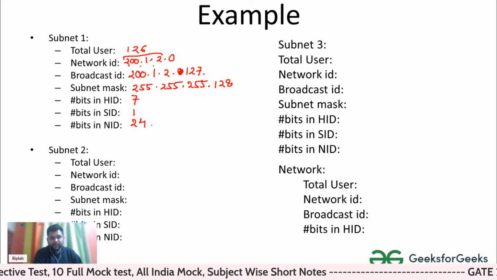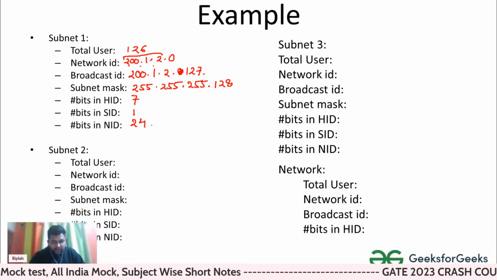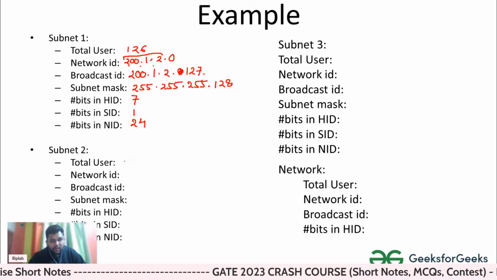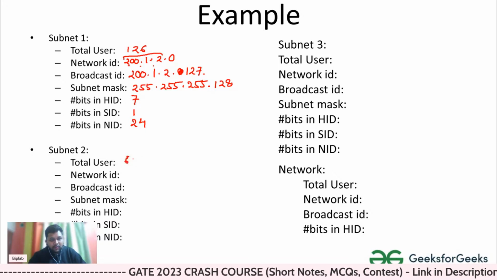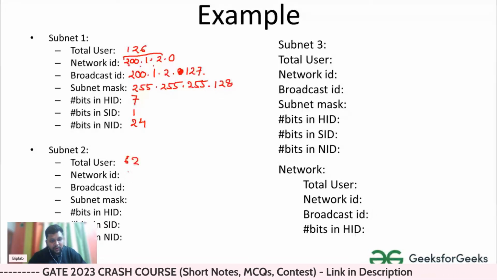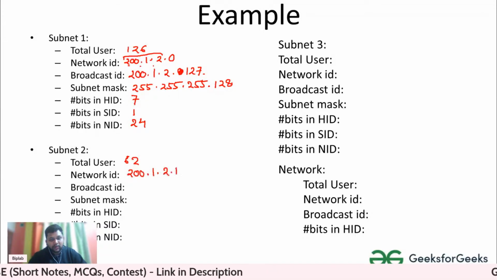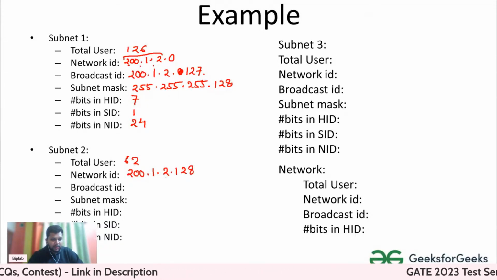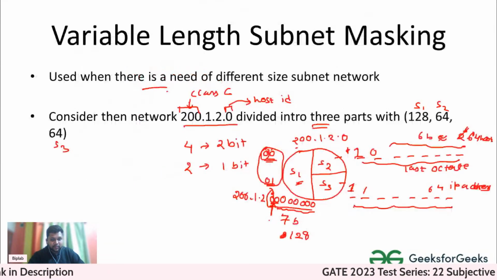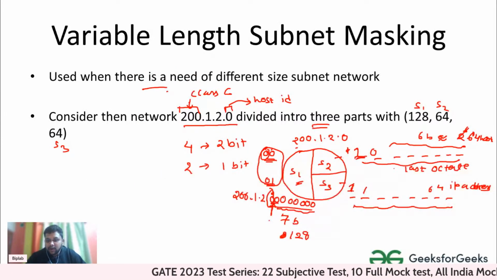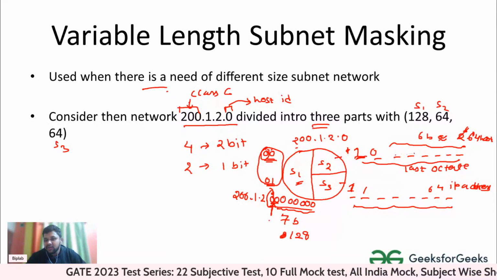Okay, the same way, let me fill this quickly. 62. What is the network ID? 200.1.2.128. Why 128? Because look here, this bit is fixed. To find the network ID, you have to put all zeros here.